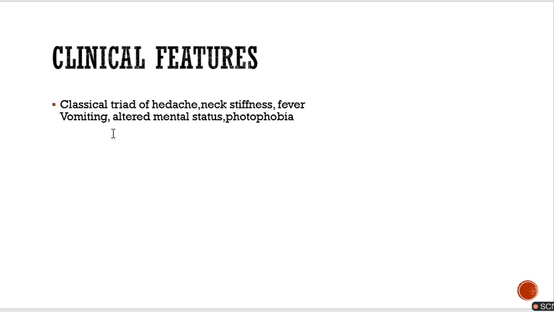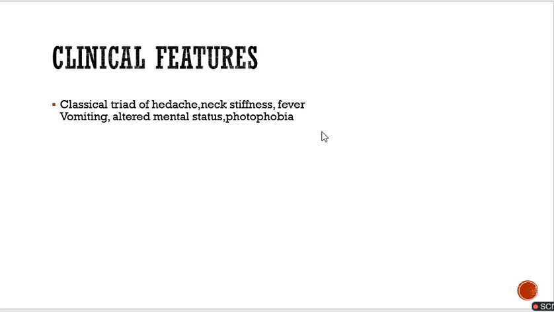And then there can be vomiting because of vagal stimulation, altered mental status where the patient becomes confused, and photophobia. Why photophobia? Because, as I already told you, in the subarachnoid space there is the optic nerve. So when there is inflammation of the meningeal layer, that inflammation compresses or irritates the optic nerve.